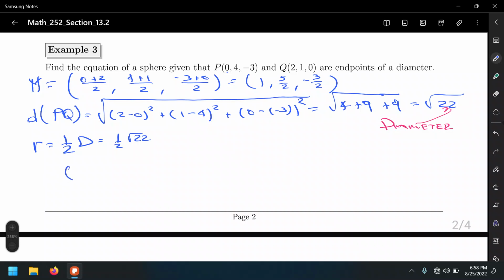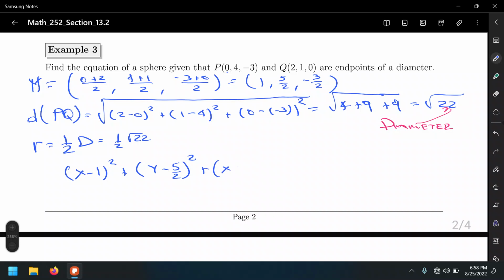That's going to be x minus the x coordinate of the center, which is 1, quantity squared, plus y minus 5 halves, the y coordinate of the center. For the sphere we add one more piece of information: plus z minus negative 3.